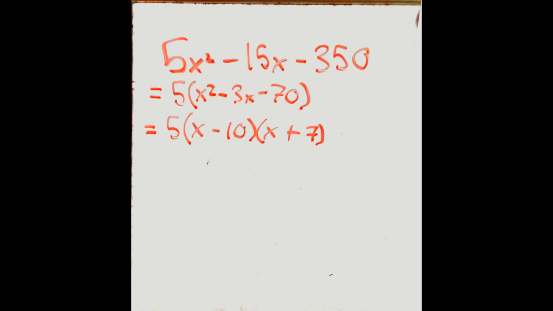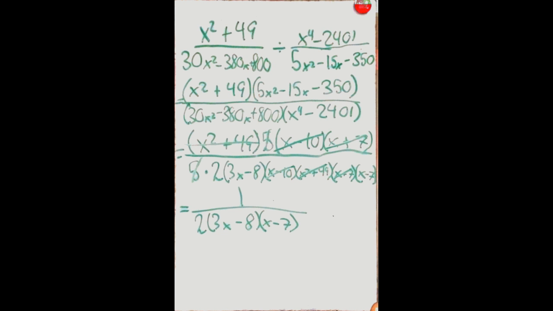You have to pick the pair of factors whose two numbers multiply to get the last number, and add or subtract to get the middle number. And the x, you have to evenly separate it, so it's x minus 10 times x plus 7.